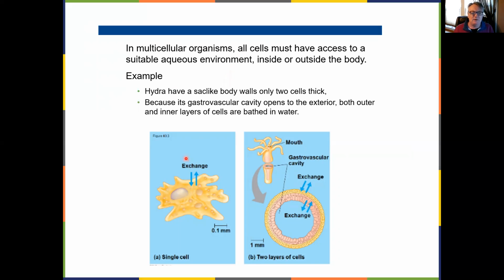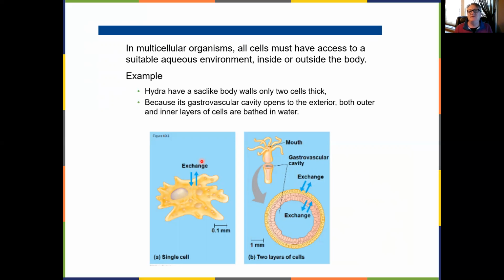Because if we look at the left side here, which again is just a single-celled organism like a protist, it's got its nucleus over here and it's doing metabolism, and it just has to exchange nutrients directly with the environment. So it's taking nutrients in from the water surrounding it, and it's removing waste products that would be toxic to it out into the environment.